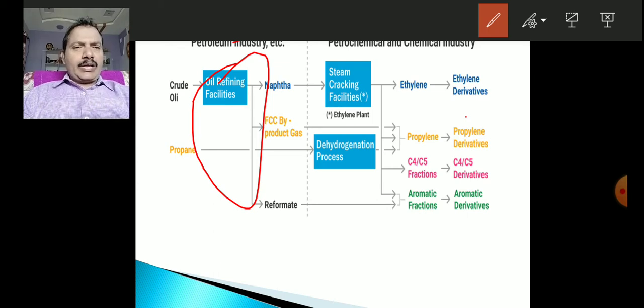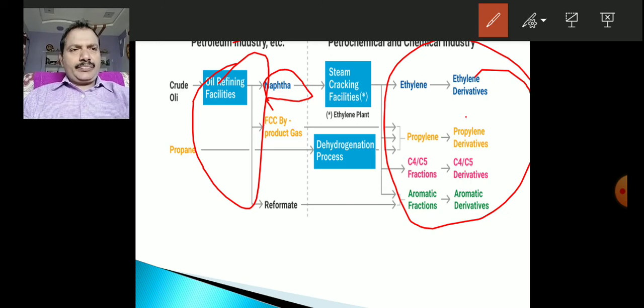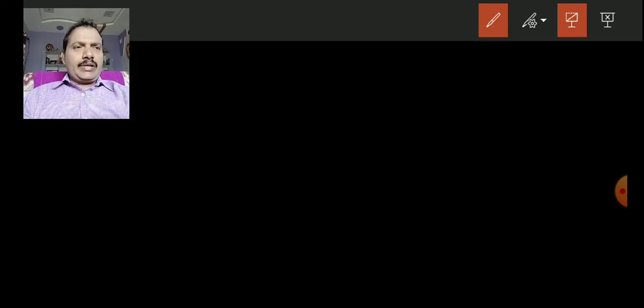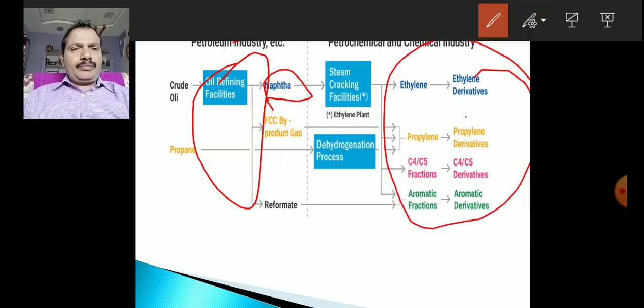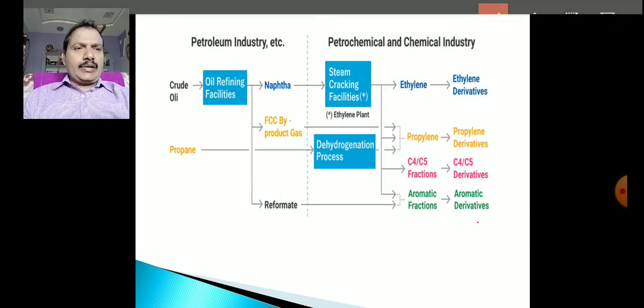Naphtha is available from the petroleum industry, and this is used as a raw material for the petrochemical plant here, where the steam cracking is done to produce the basic petrochemicals.